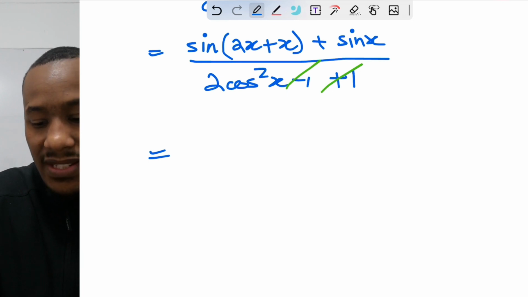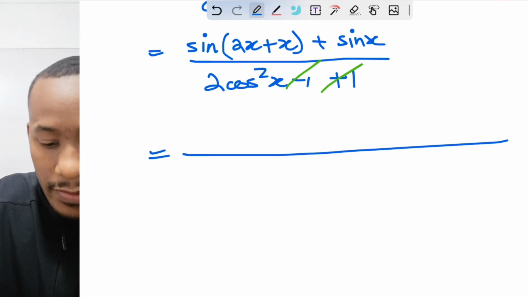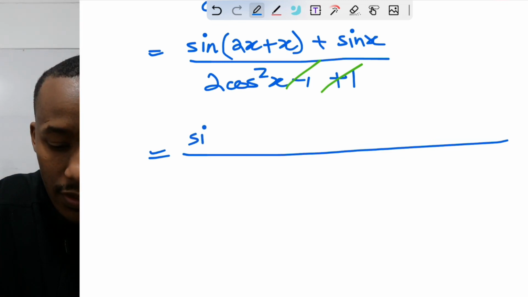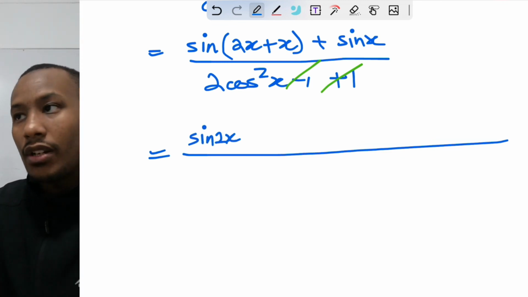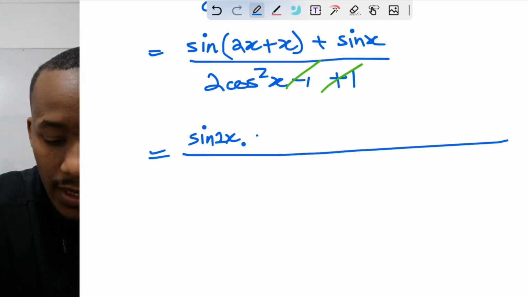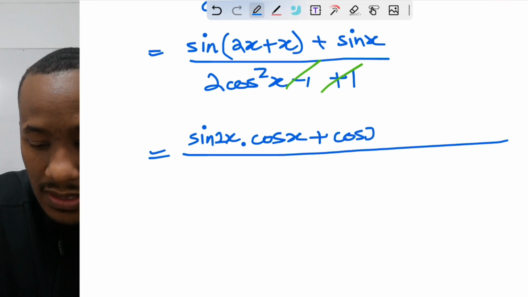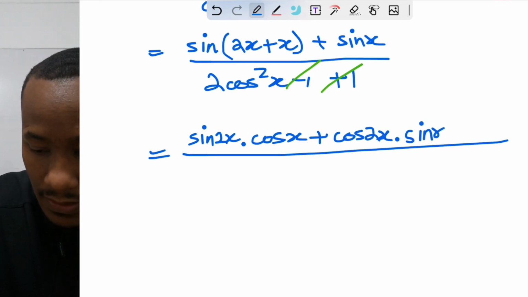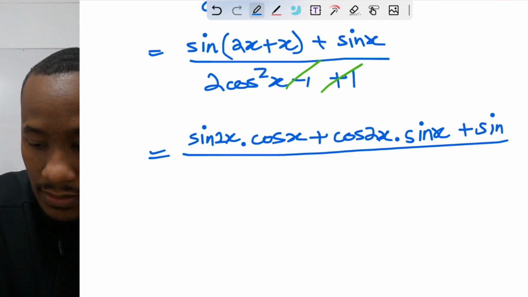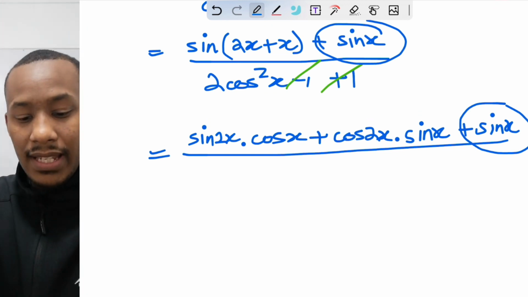But now what happens to this numerator? This now becomes sine 2x cos x plus cos 2x sine x, using the compound angle identity. And we just have this plus sine x at the end.